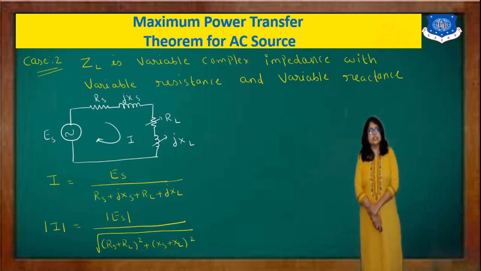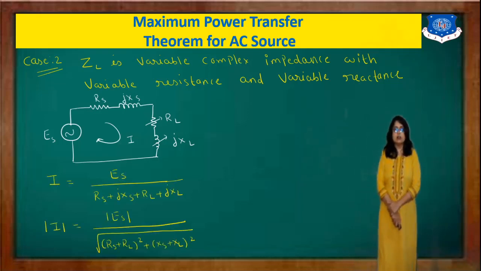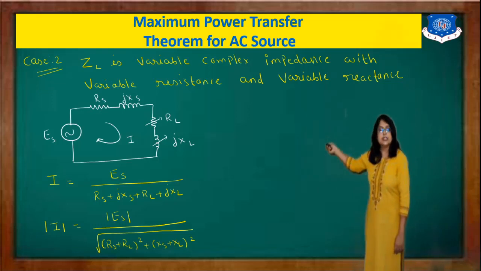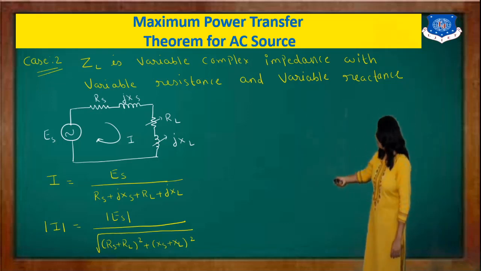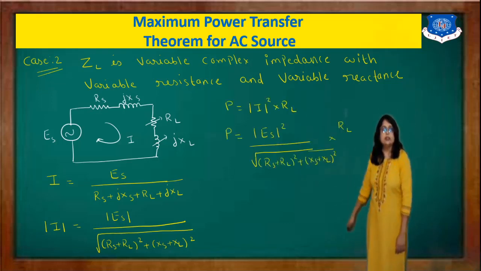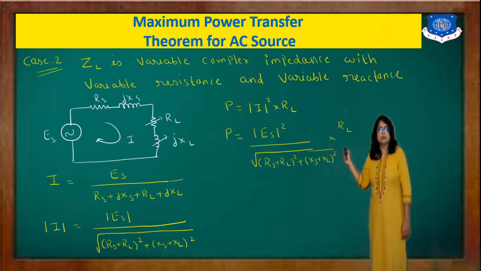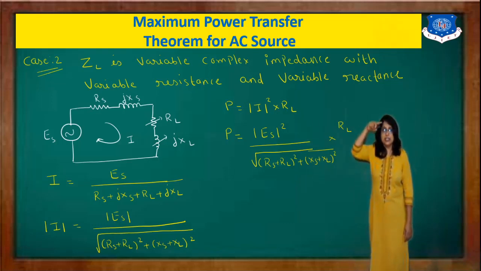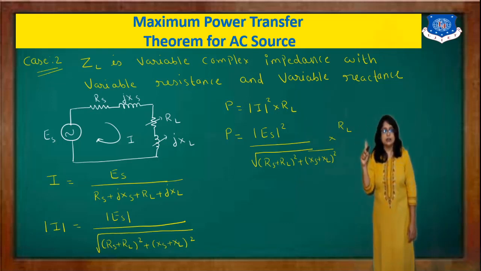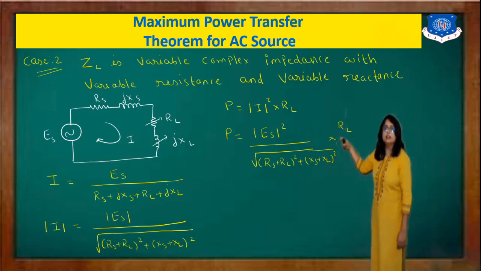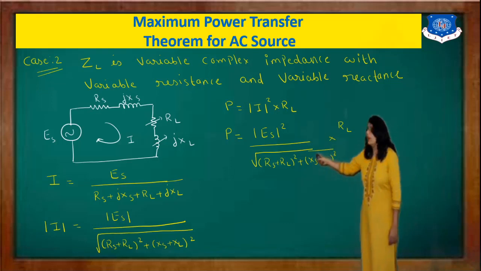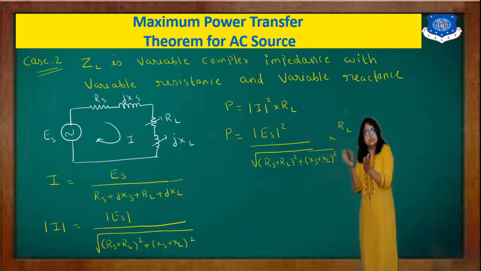First of all, we will consider I, and this is the equation of I. Then you have to take the magnitude of I. Then P equals I square R. But in the earlier case there was only RL, whereas here you have to add JXL. So when you are finding the magnitude, you have to consider that as a combined XS plus XL.